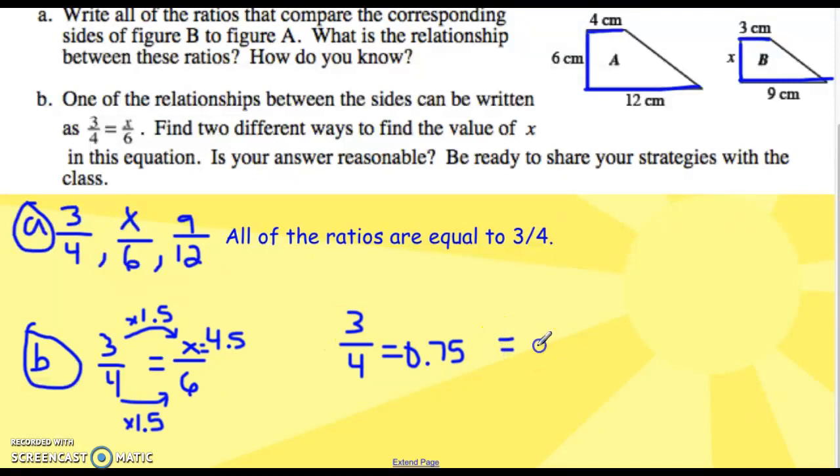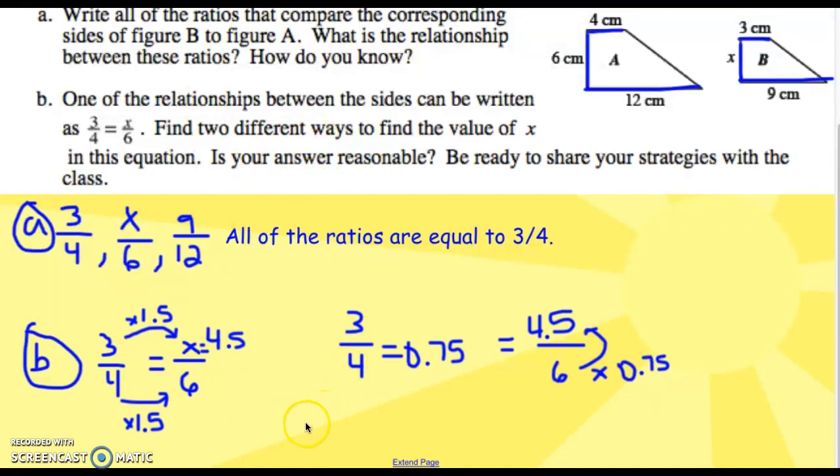So then if I do 6 times 0.75, you can take a second and do that on your own calculator. You would also get 4.5. So that would be two examples of how to find the missing value.